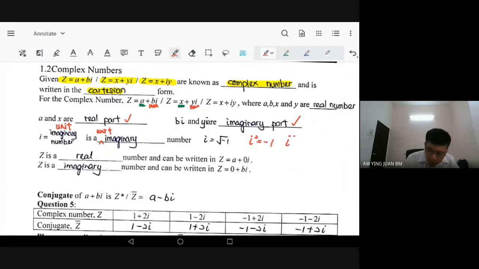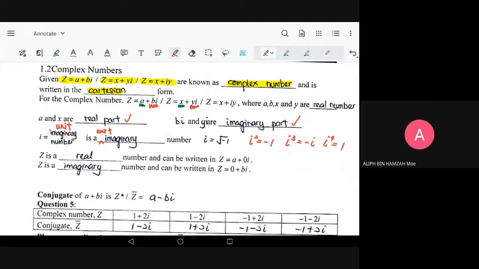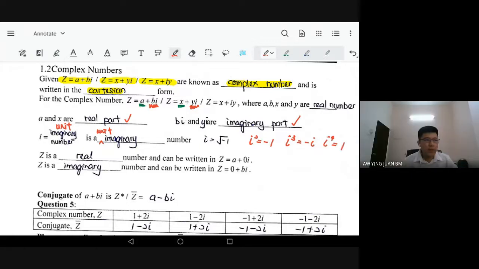I cube is equals to negative I. Okay? Kalau I to the power 4, fikirkanlah, I to the power 4 equals to 1. Negative 1? No, it's 1. Okay? So, tulis. Catat je. Dan kalau boleh, hafal.